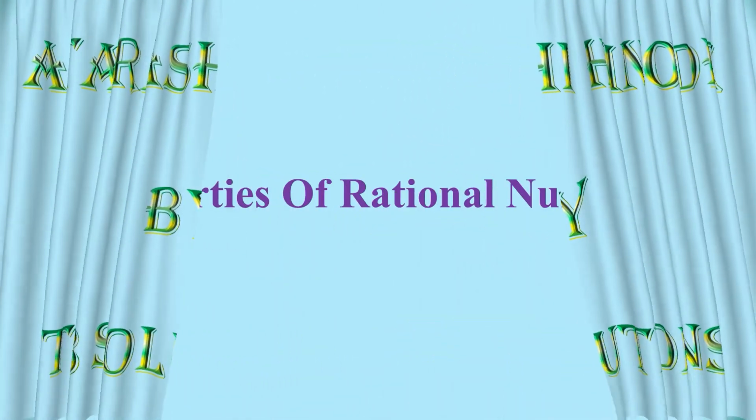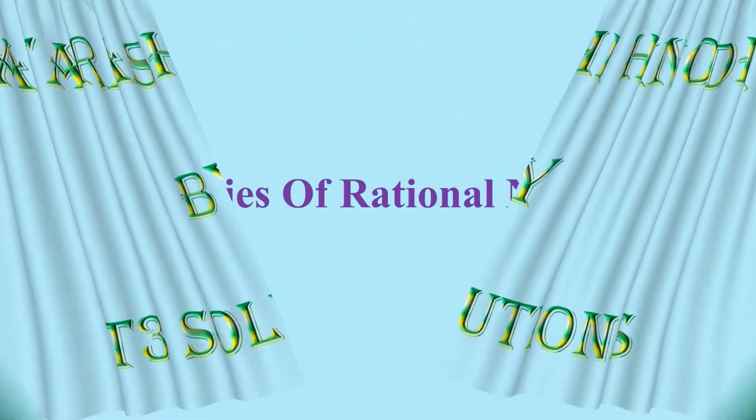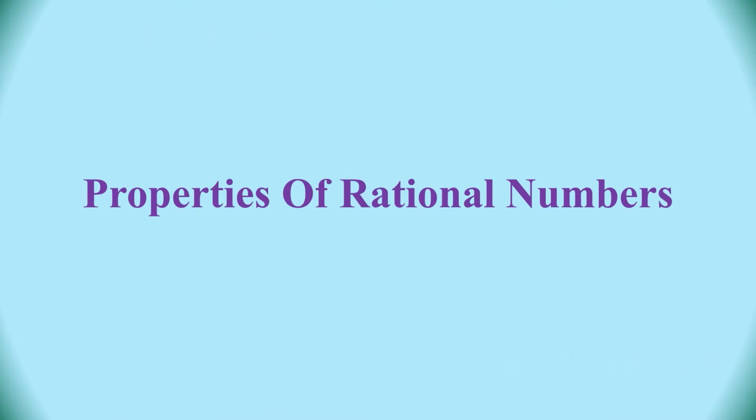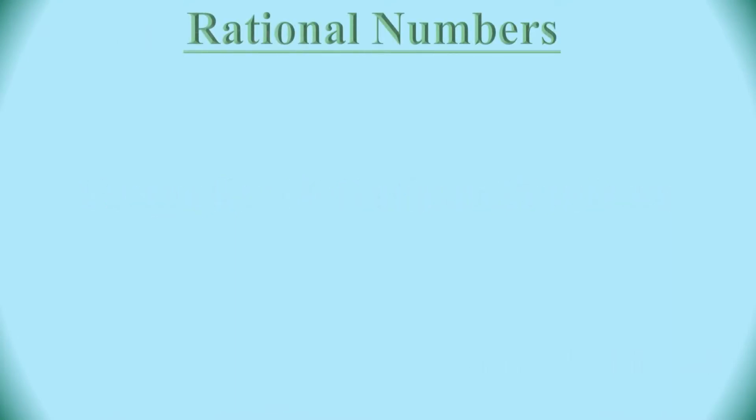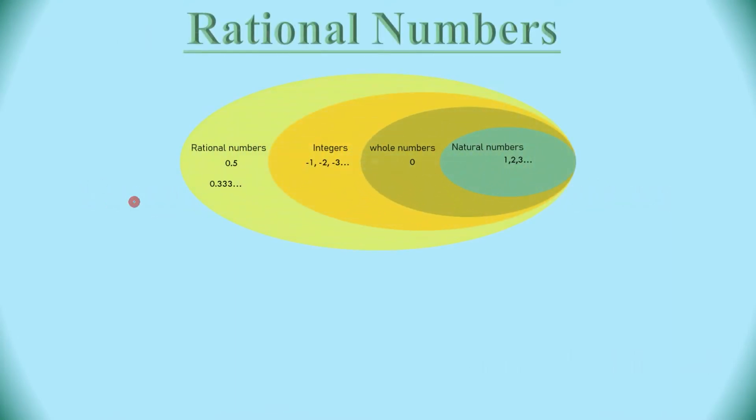Today we are going to learn about the properties of rational numbers. If we add the terminating and non-terminating repeating decimals to the collection of integers, we obtain rational numbers.